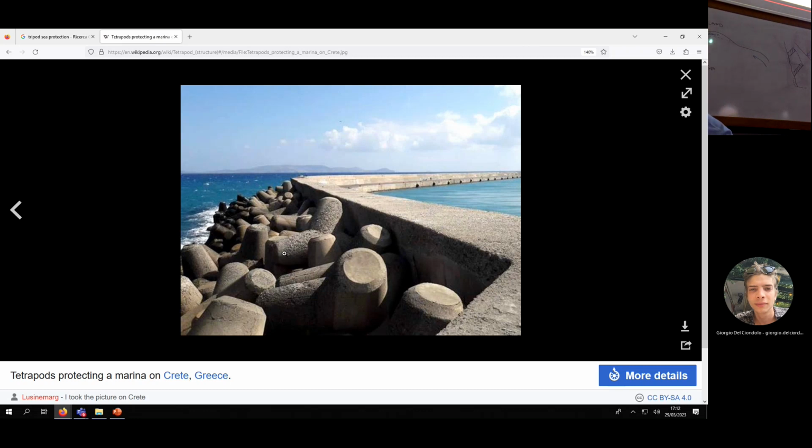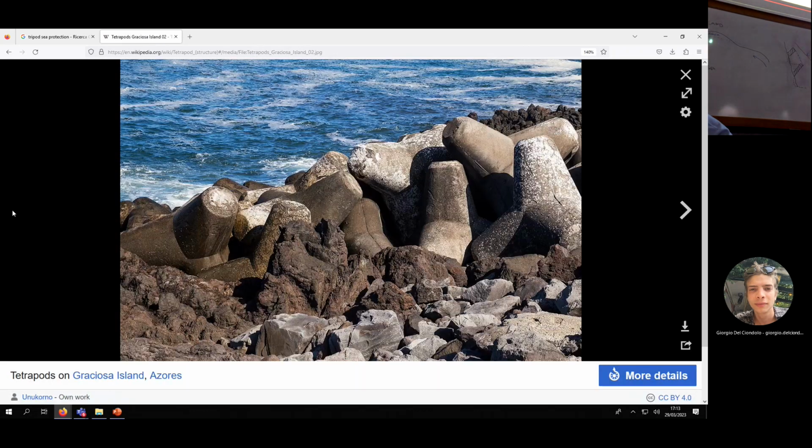So where boulders are available, we use them, but where they are not available, we use these artificial structures, and it's very interesting to look at the shapes they may have. Several shapes are produced, and some look even more artificial than those.